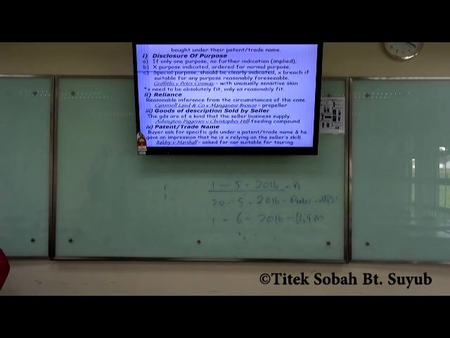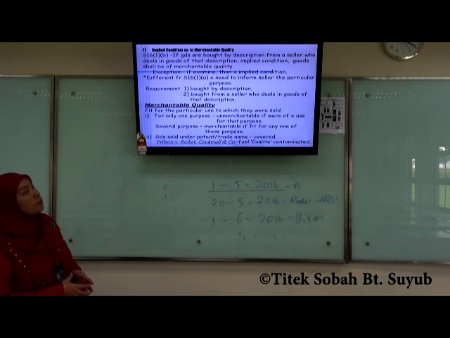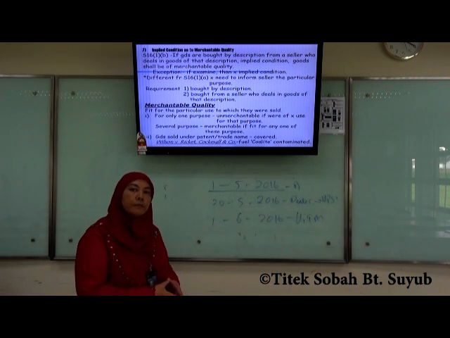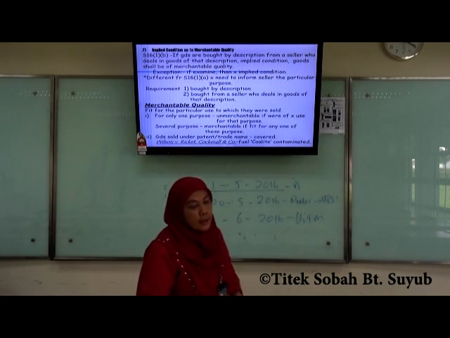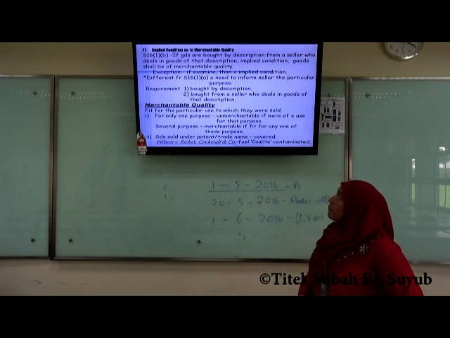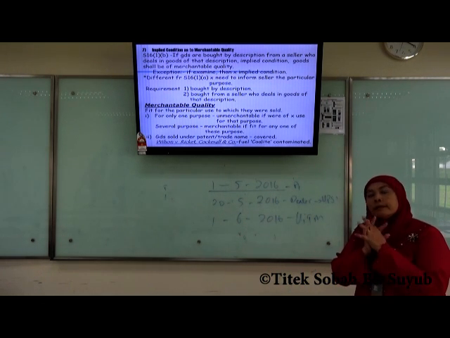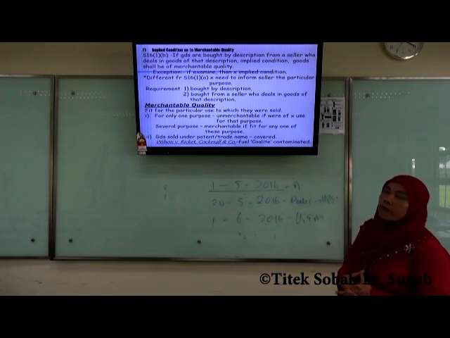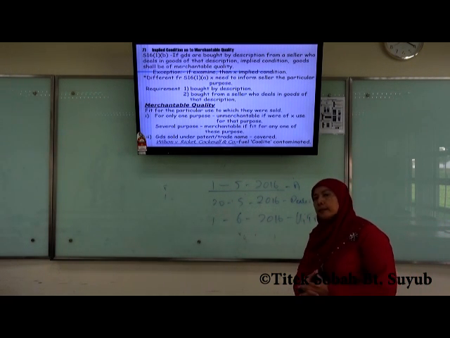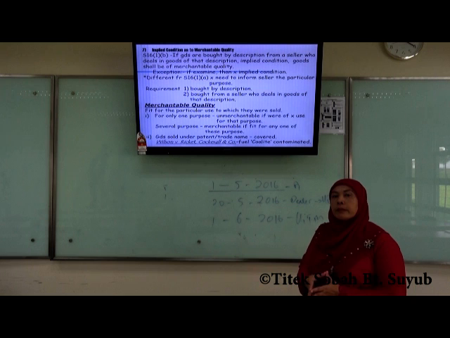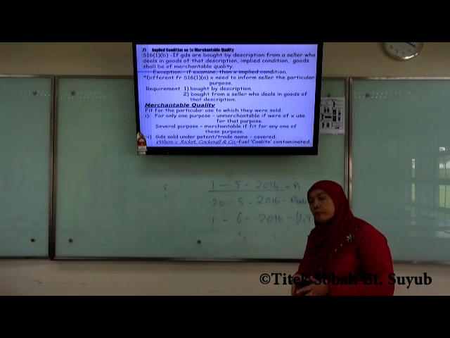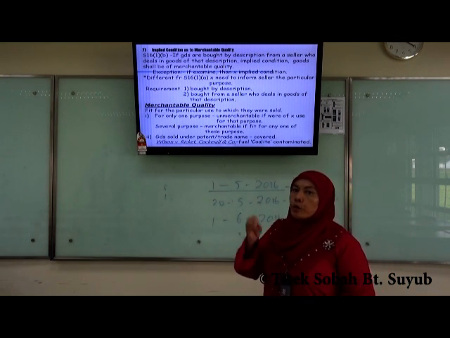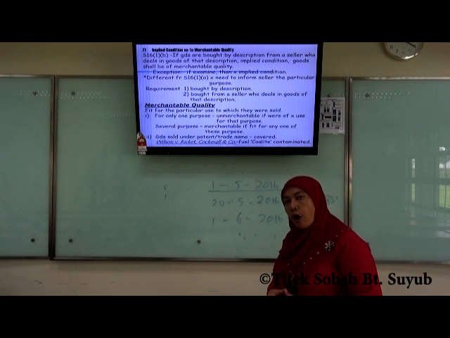Okay, let us go on with the next implied term under this Sale of Goods Act. Number 7, implied conditions that the goods is of merchantable quality. To be protected under this number 7, the buyer must buy goods from a seller who sells that kind of description of goods.